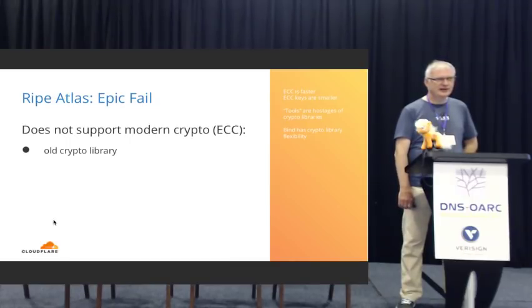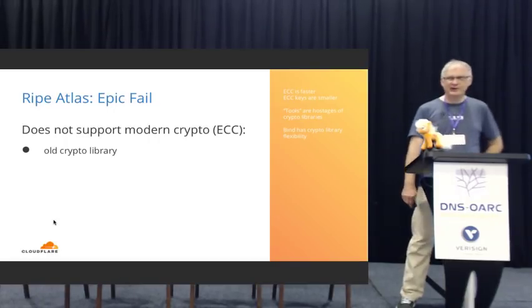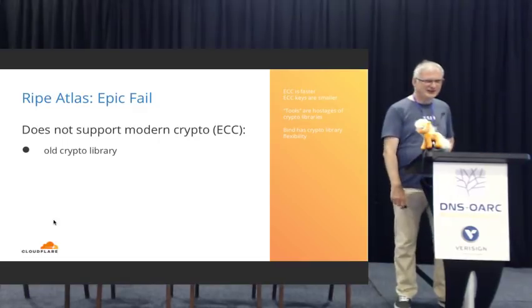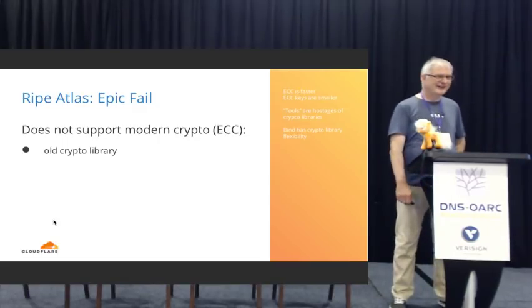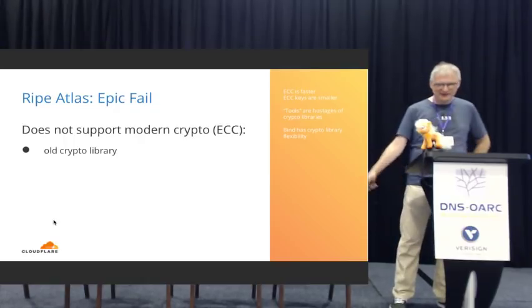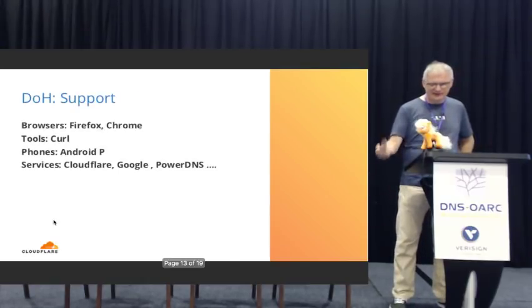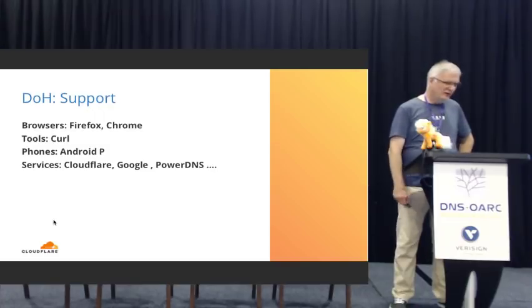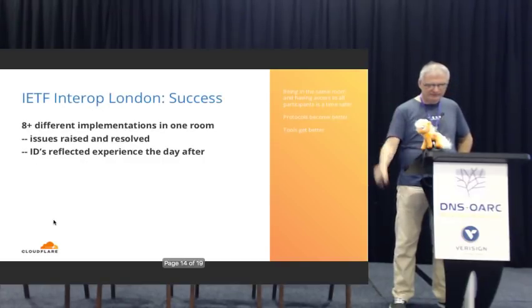But we could not test it over DNS over HTTPS or TLS because they don't support modern crypto algorithms. They are stuck in the last century, RSA-only mode. I understand the latest versions support it, but we and others have discovered this.